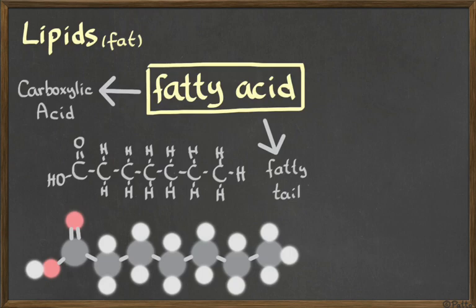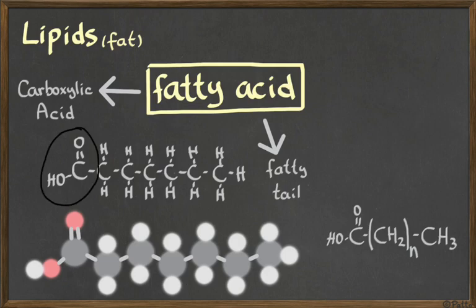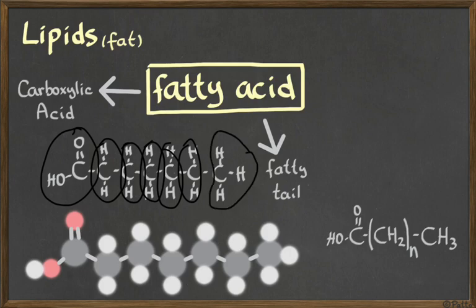Another way of drawing this is to say C double O OH, the carboxylic acid, followed by a certain number of CH2, and completed with a CH3. So that's another way of visualizing a fatty acid.